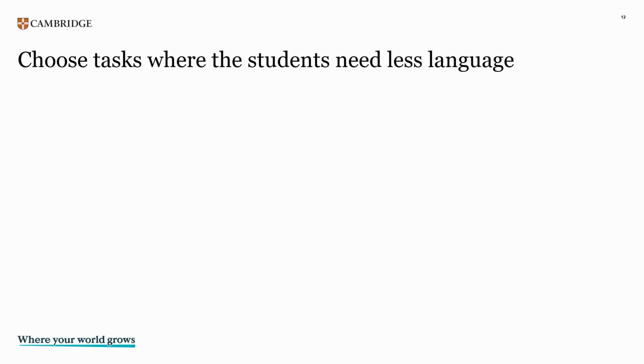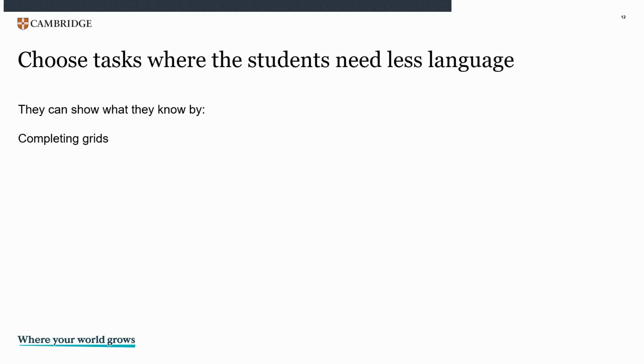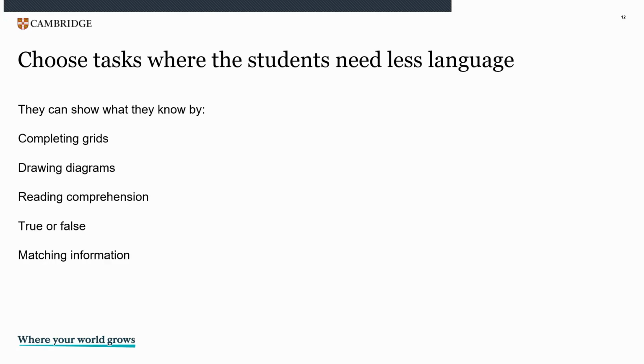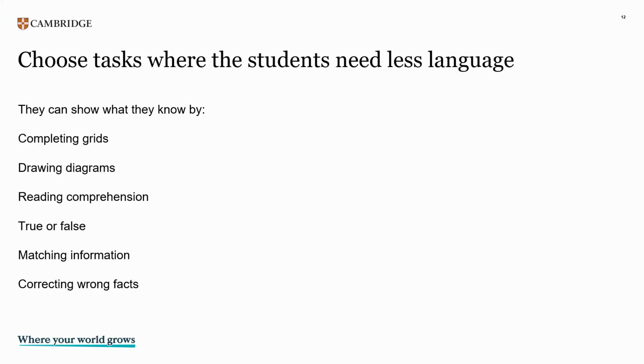I'm quite interested in what your three might be, and also if you've found any answers to those two questions I posed. So let's look at tasks where the students need less language, where they can show what they know in English, in the foreign language, by completing grids, drawing diagrams, reading comprehension, true or false statements, matching information, and correcting wrong facts.